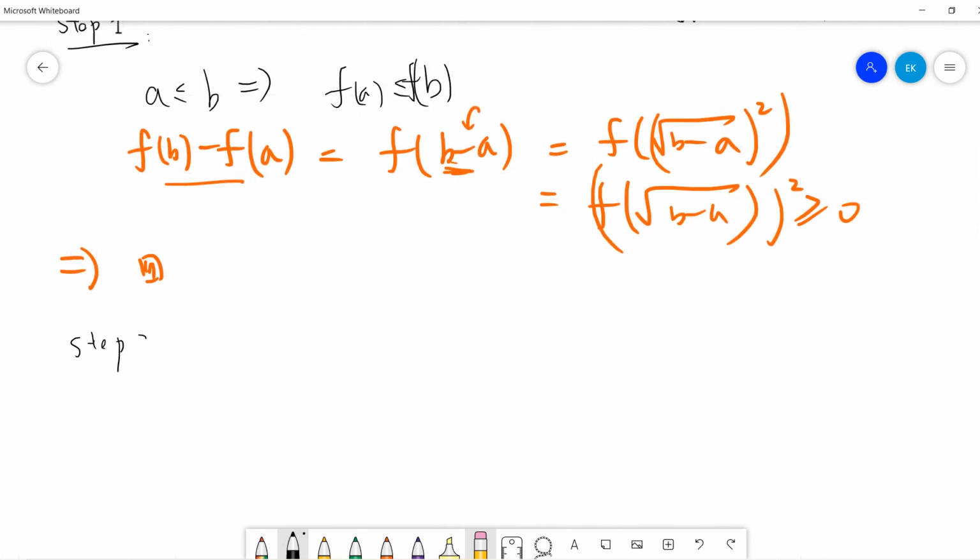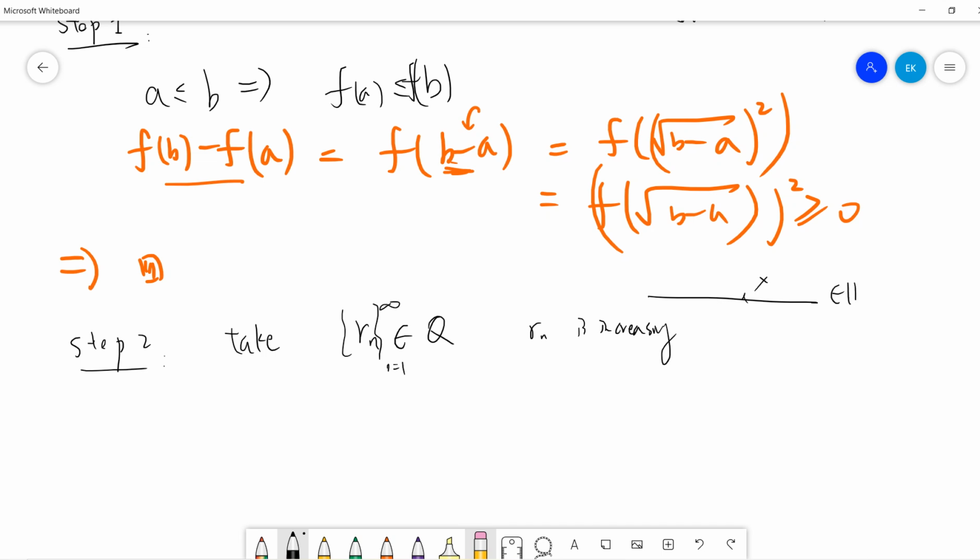Step two is also easy. We can take r_n belonging to the rationals for each n, and r_n is increasing. Given any x in the real numbers, I can take some increasing rational sequence approaching x. So r_n approaches x, but increasing, and all r_n are rationals.